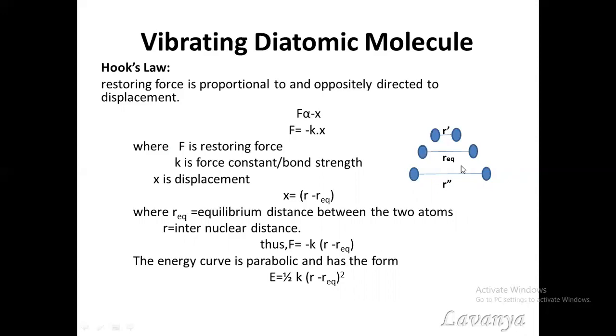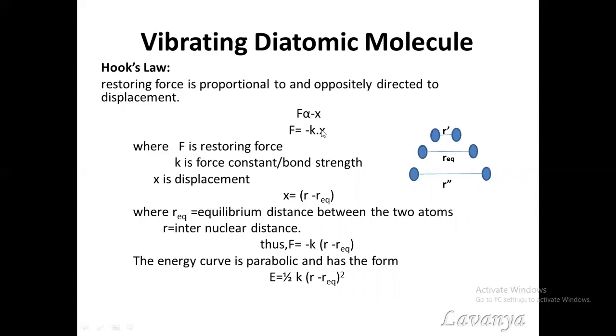The restoring force is proportional to the displacement, and it is given with a negative symbol because the direction of the restoring force and the displacement are opposite to each other. If you relate it, we get the equation F is equal to minus kx, where k is the force constant, x is the displacement and F is the restoring force.